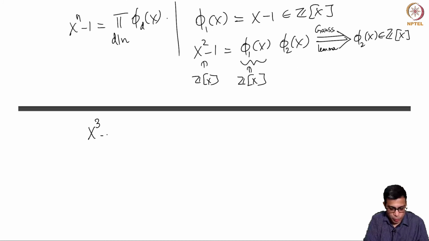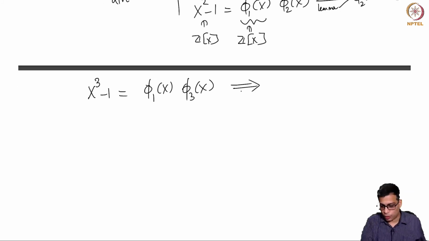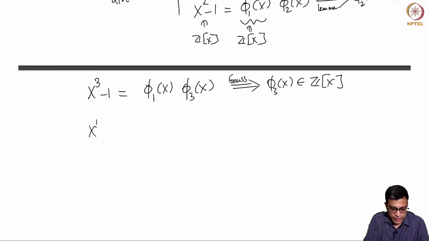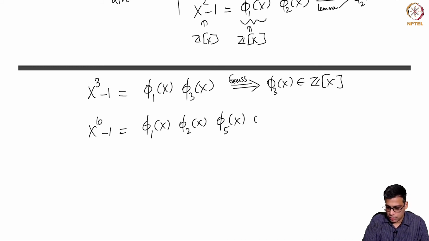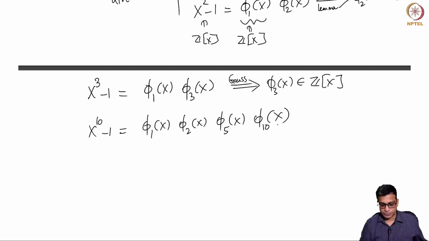Now let's do x cubed minus 1. So this is phi 1 x times phi 3 x, and as before Gauss's lemma says that phi 3 x is an integer polynomial. So in general, if you have x^10 minus 1, this is phi 1 x, phi 2 x, phi 5 x, phi 10 x, right?